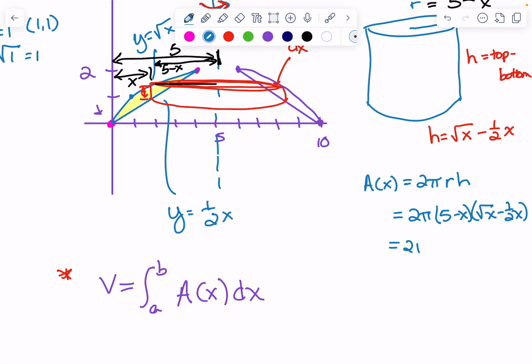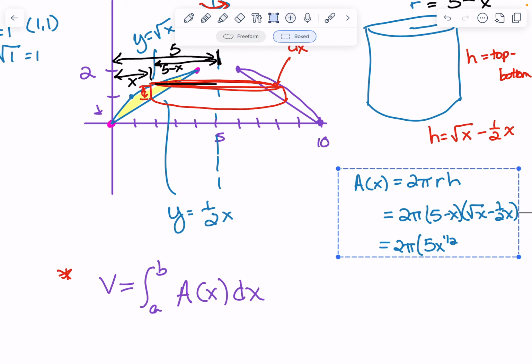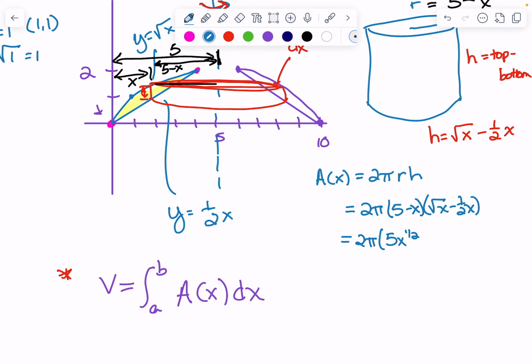I get 2 pi times 5x to the 1/2, I'm changing that square root into a 1/2 power, minus 5 halves x, that's my outers, minus an x to the 3 halves, that's my x times the square root of x, plus a 1/2 x squared. Okay?